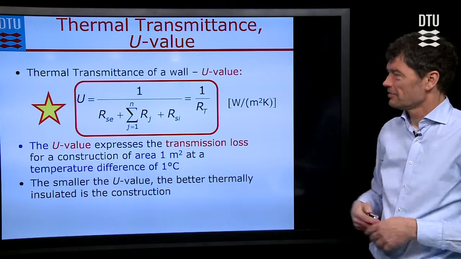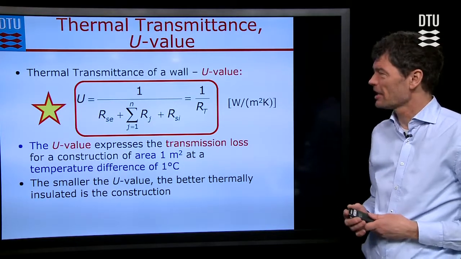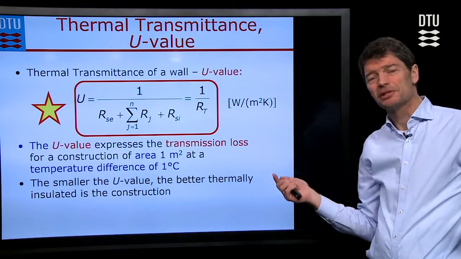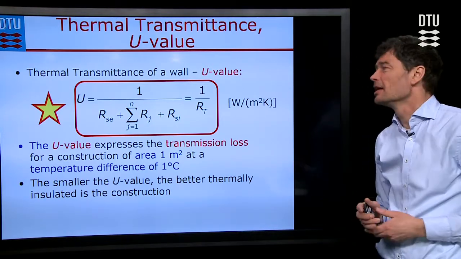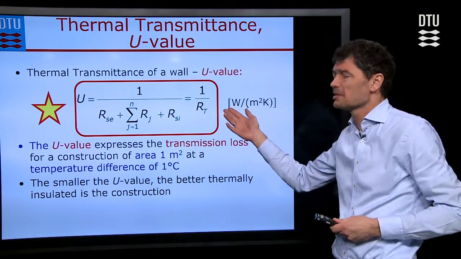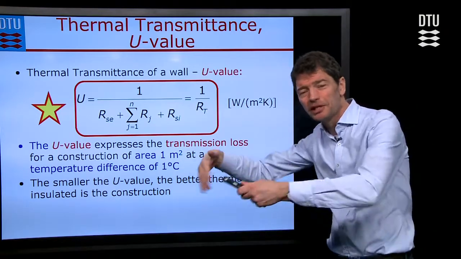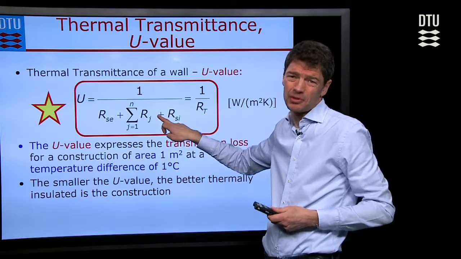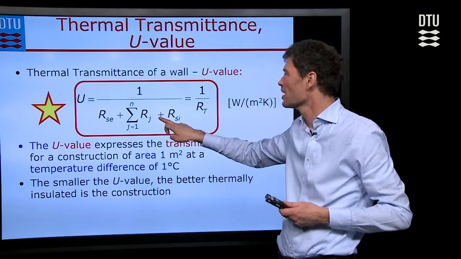So now we have the heat flow, but there's another characteristic we use for a complete wall, including its surface resistances. That is the thermal transmittance of the wall, so how well it transmits heat through it. And that is 1 over the sum of those resistances we have talked about.